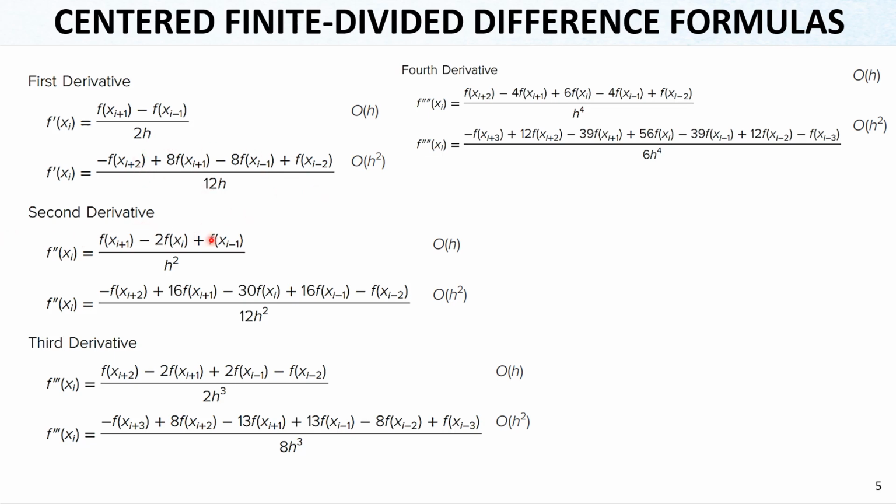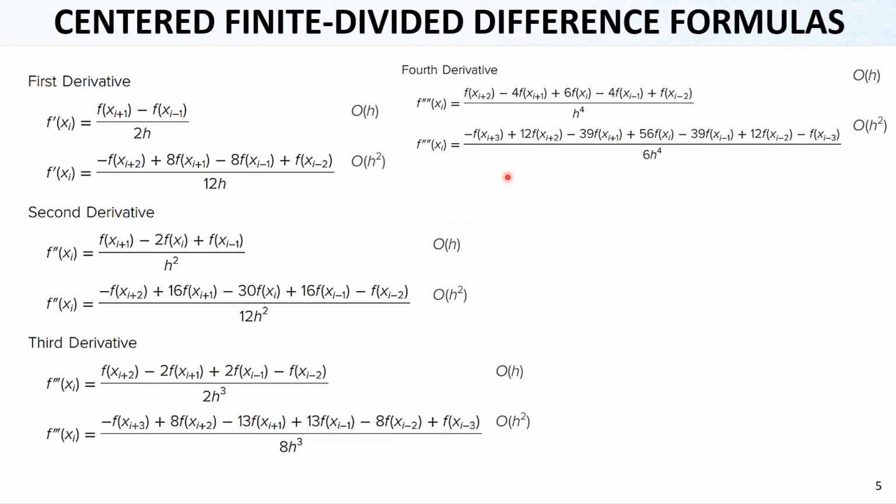For the second derivative, we have this simple version and this more accurate version with h squared. For the third derivative, again, we have this, and the advanced version is this. For the fourth derivative, we have this for the simple version, and this as the improved version.